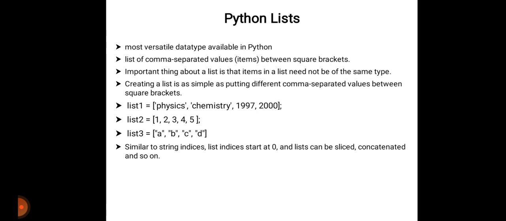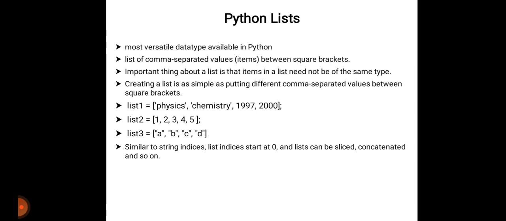Creating a list is simple: you just put a comma in between two elements, and with this comma you can separate the two values. Here one example is given, that is list1.